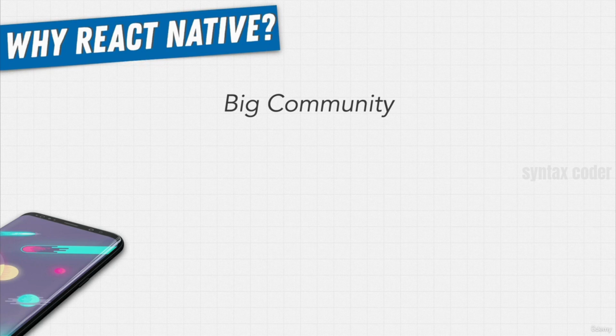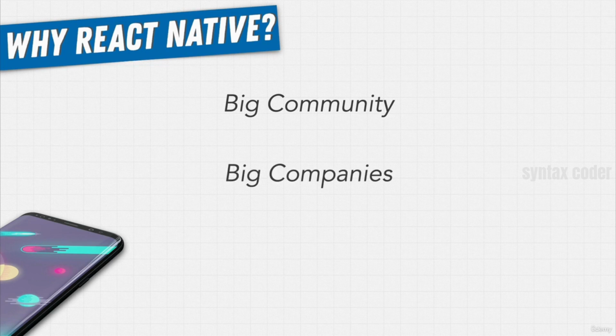If you're using a brand new tool, then it's going to be really hard for you to solve those issues when nobody else in the world has had them. So React Native, out of Flutter or Xamarin, has the biggest community. That means there's a lot of tools, a lot of components, a lot of libraries that you can use with React Native to make your life easier. And we'll see that throughout the course.